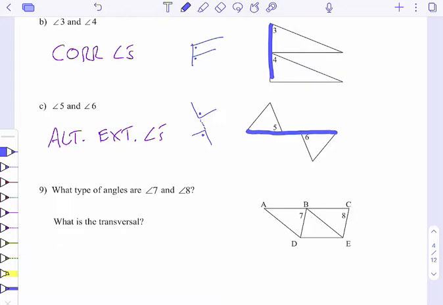When it says what is the transversal, you're going to write something down. You're not just going to shade it. So you're going to say segment, whatever it happens to be that you think the transversal is.